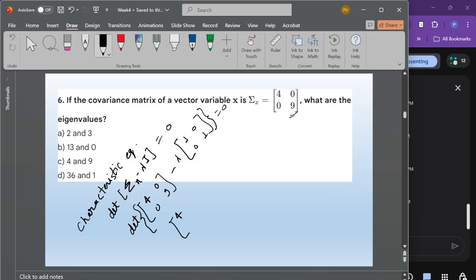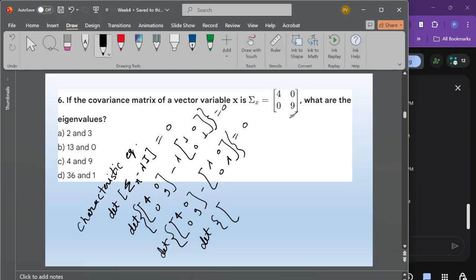So here we get the matrix with entries 4 minus lambda, 0, 0, 9 minus lambda.